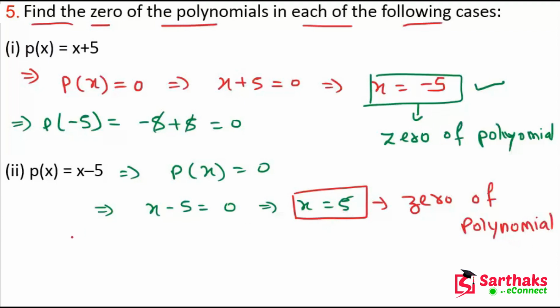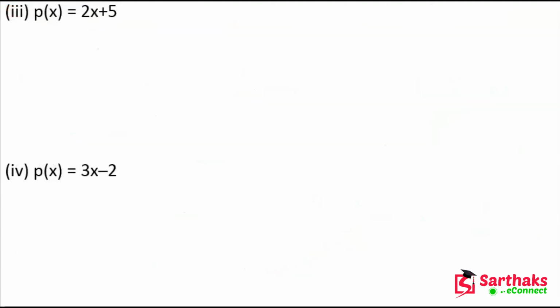Now you can check again also. If we put x equals 5 in this polynomial, we get 5 minus 5. So this will become 0. So it means our answer is correct.